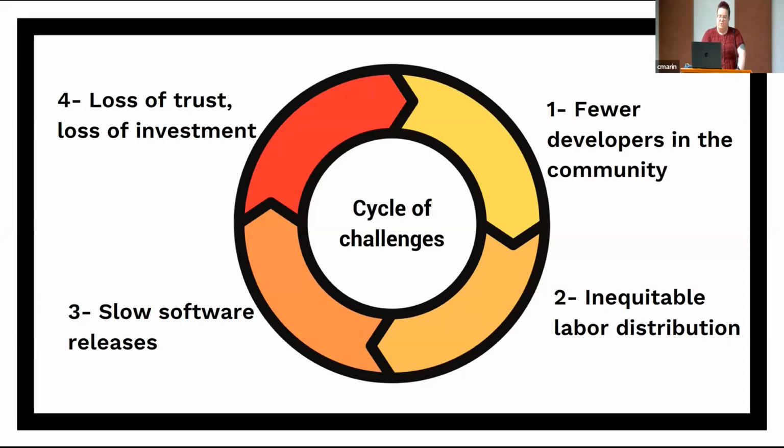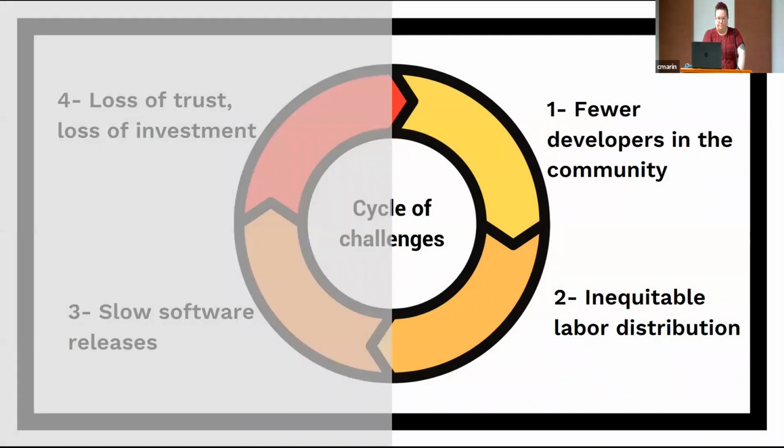So I see our major challenges as a vicious cycle that's sapping energy and making it harder for us to reach our full potential for this infrastructure and to respond well to community needs. And these problems, they compound each other. So I'm going to focus on the first two. We have fewer developers in the community, and we have an inequitable labor distribution.